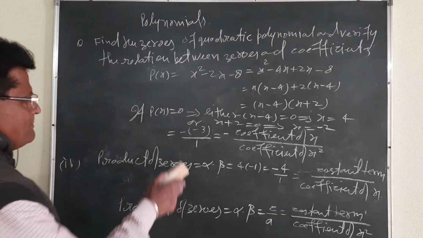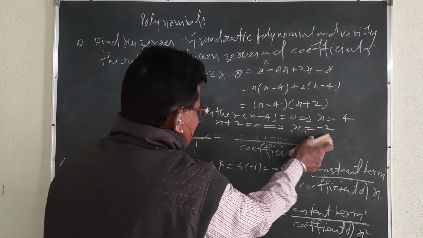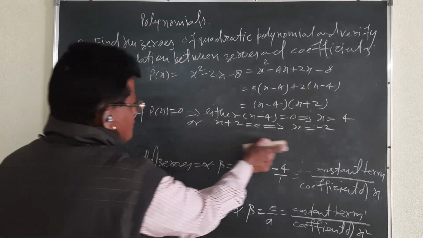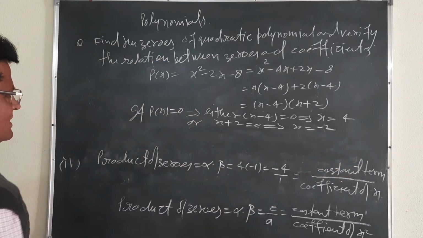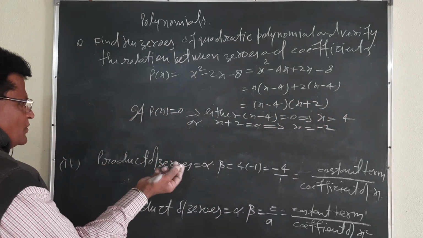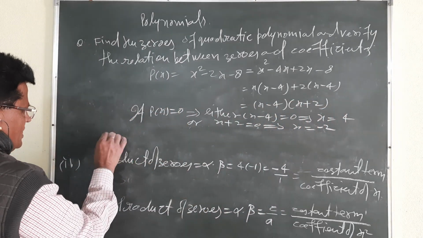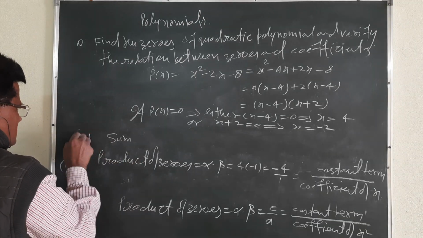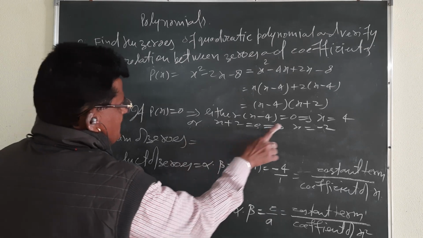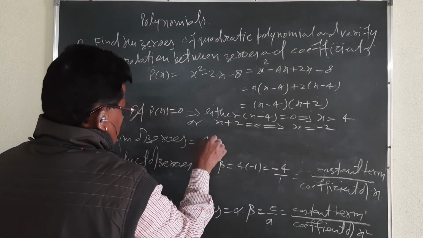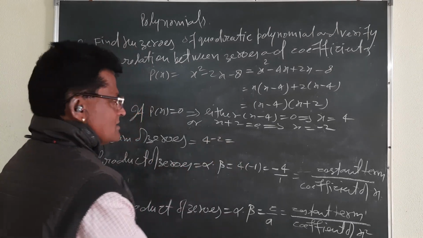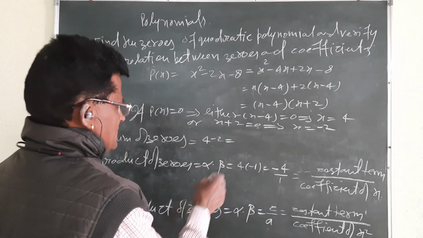Okay, then what will happen? Let me take the solution of it, similar kind of solution. I am going to take alpha is equal to 4, beta is equal to minus 2. If you want to write, you can write, otherwise no need to write. Okay, sum of zeros. First case, sum of zeros will be equal to what? 4 minus 2, that is 2.